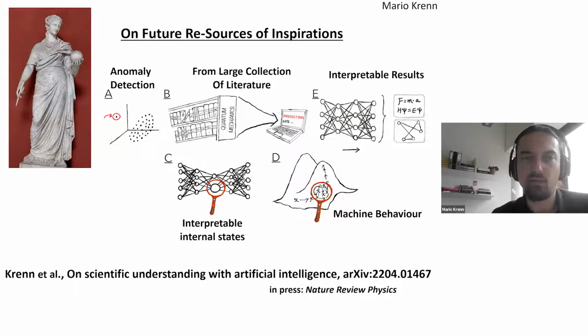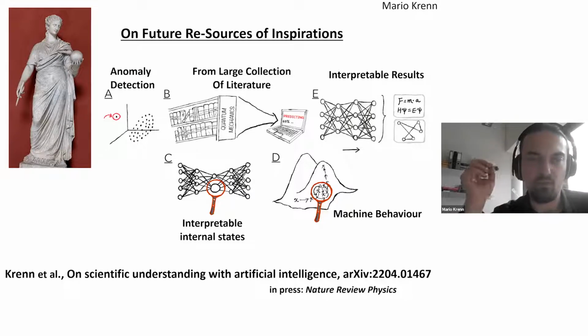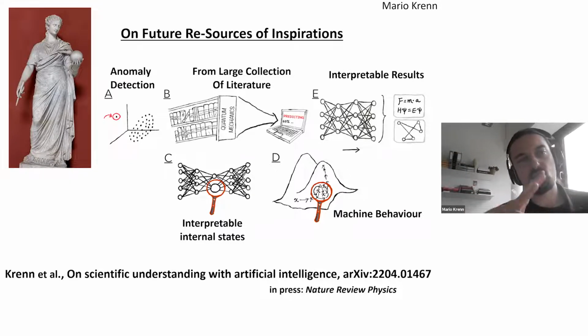Another method is interpreting the internal structures of neural networks. There is also some very interesting research in this direction, where people, for instance, train the machine to predict simple questions in dynamics in our solar system, and then when they look into the neural networks, they find out that the machine has actually made a switch from geocentric to heliocentric coordinates.